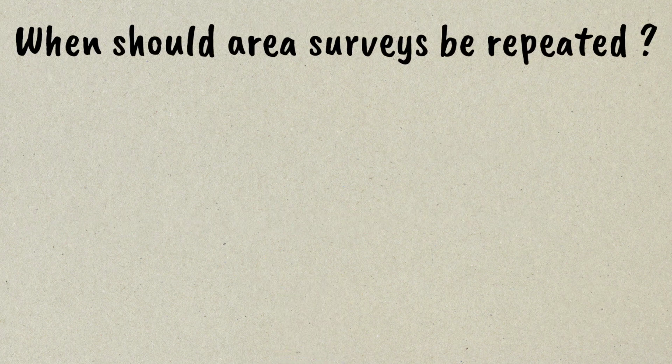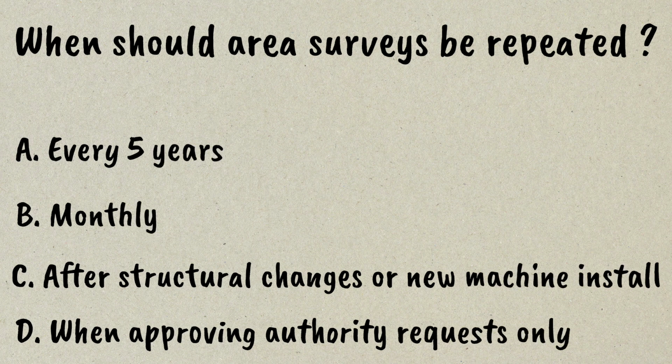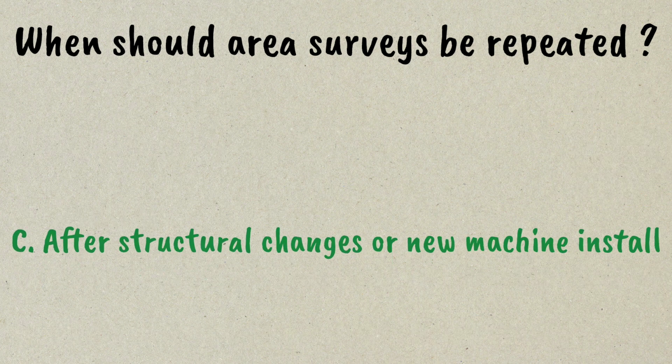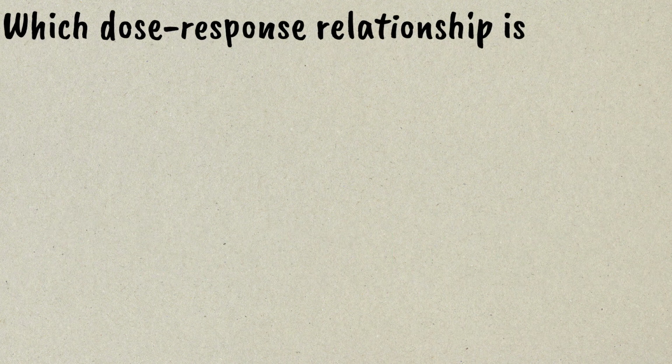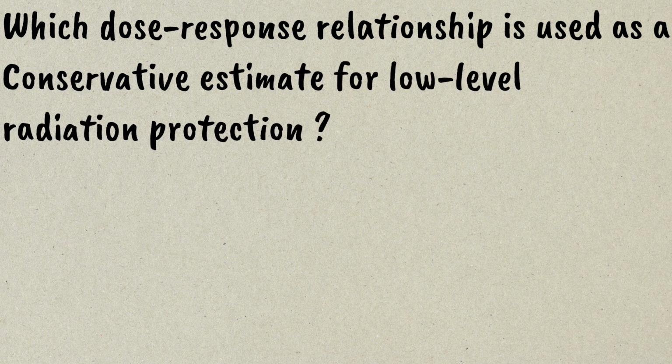When should area surveys be repeated? Which dose-response relationship is used as a conservative estimate for low-level radiation protection?